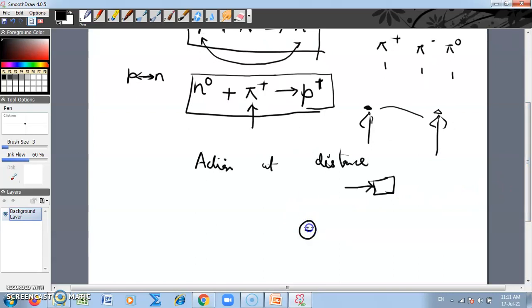I have a charge here. When I bring another charge here, even though there is no bodily contact between the charges, it will experience a force. And similarly in the case of gravitation, even though on the surface of the earth there is no physical touch, a body experiences a force. So nuclear force is also that type of force.